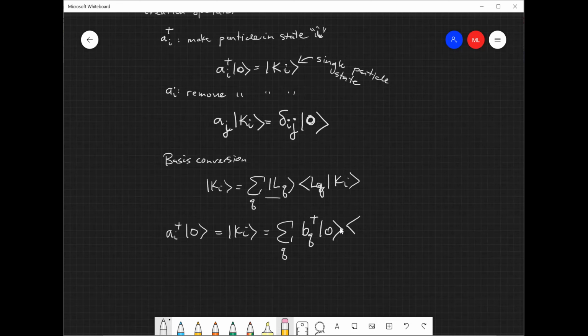And then these are just some numbers, the expansion coefficients. So if you wanted to change basis, you would just take A_I and replace it with a linear combination of these B_Q's. So A_I dagger is equal to a sum over Q of the coefficients times B_Q dagger, and these are just the expansion coefficients for a change of basis.